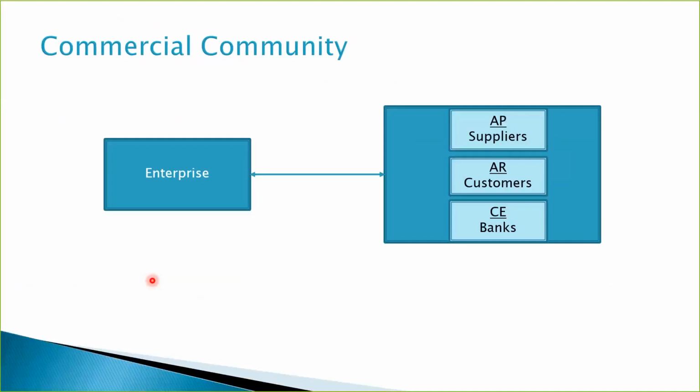Now, as we know it, and before TCA was actually introduced, this is how the information about these parties was managed. Okay, so information about suppliers will belong to AP. Information about customers will be owned by AR, and information about banks will be owned by what?